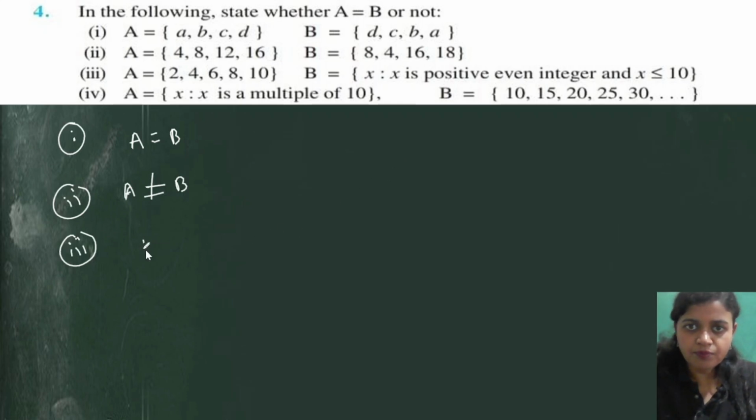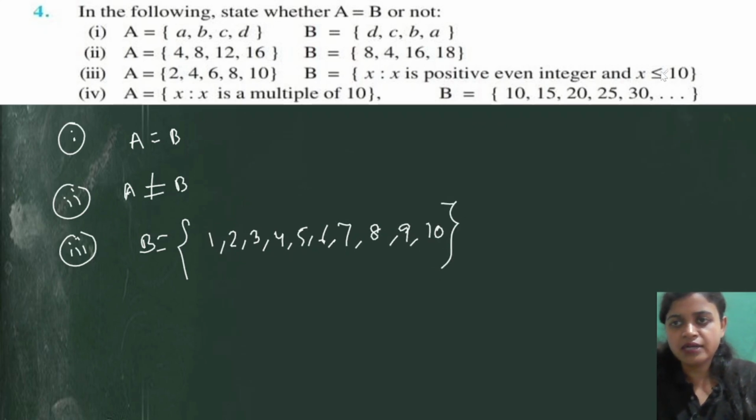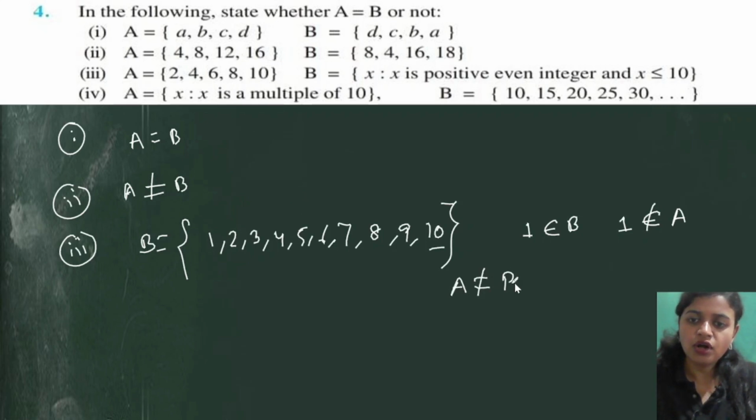If we take the elements of B, we will get 1, 2, 3, 4, 5, 6, 7, 8, 9, 10, less than or equal to 10. 2 belongs to B, but the element 1 of B does not belong to A. There are many elements that belong to B but do not belong to A, like 3 belongs to B, but 3 does not belong to A. So A is not equal to B.